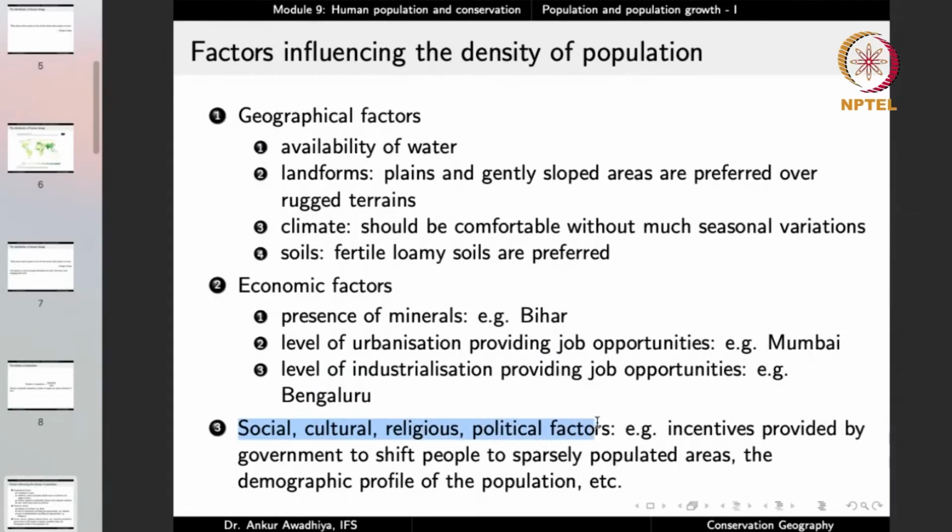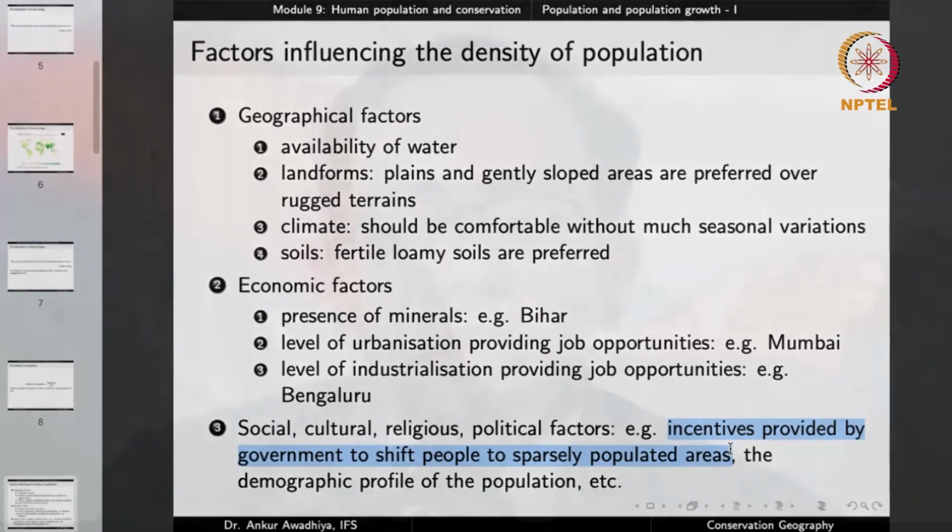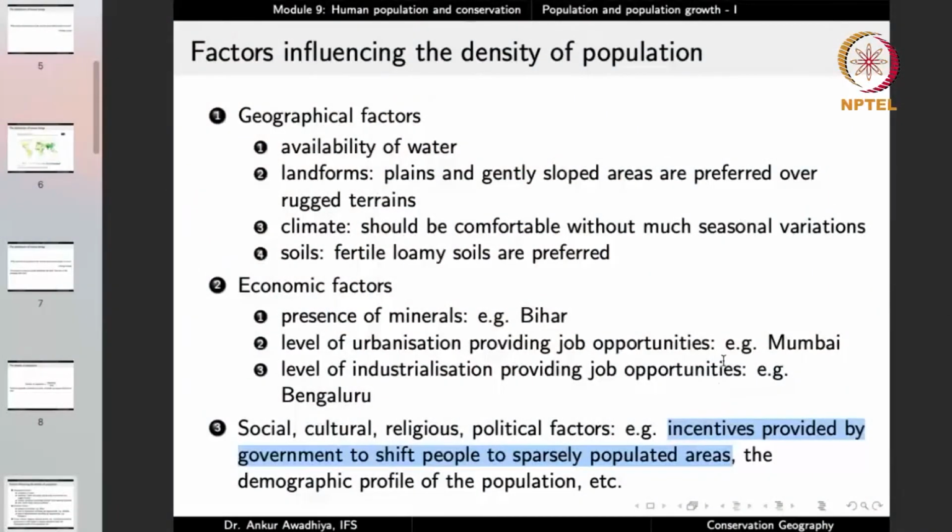Then we have social, cultural, religious and political factors. In certain cases, incentives are provided by government to shift people to sparsely populated areas. And in those cases, the population density in the sparsely populated areas will slowly go up. Then the demographic profile of the population also plays a role.